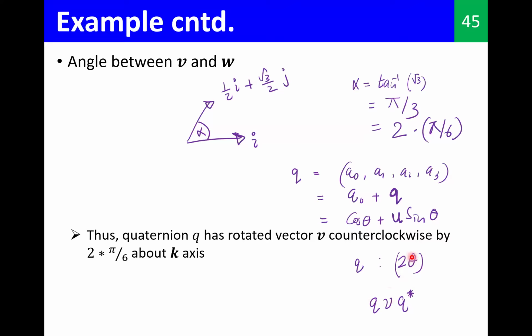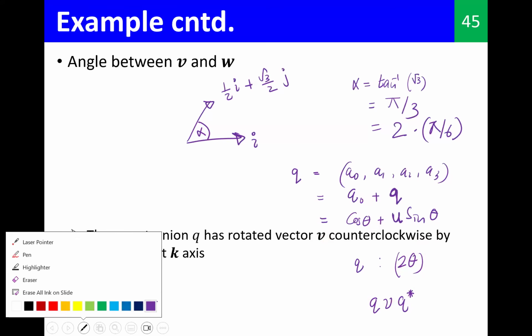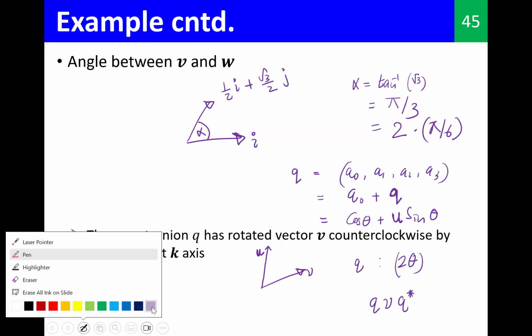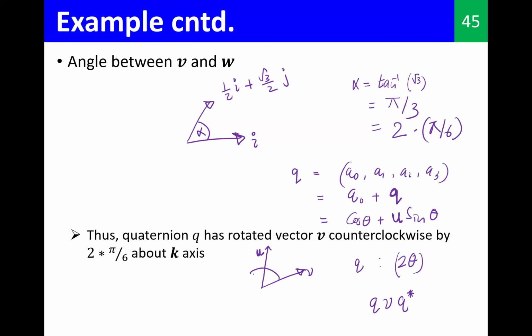Ultimately, the quaternion has this unit vector part u, or you can say it's the same direction as this hypercomplex part. So about this axis, this vector is rotated twice the amount.